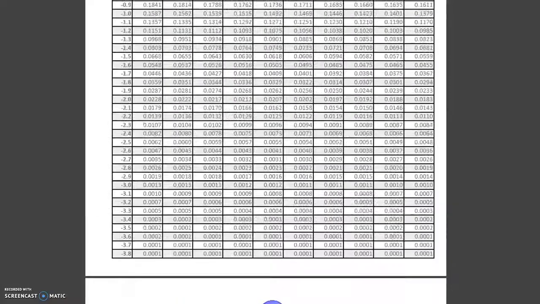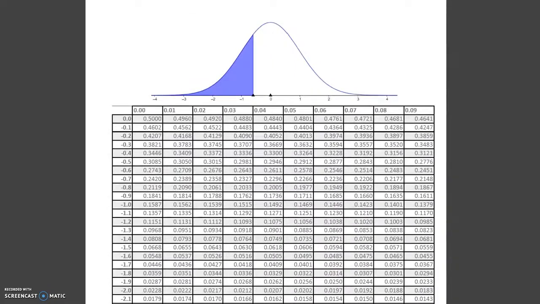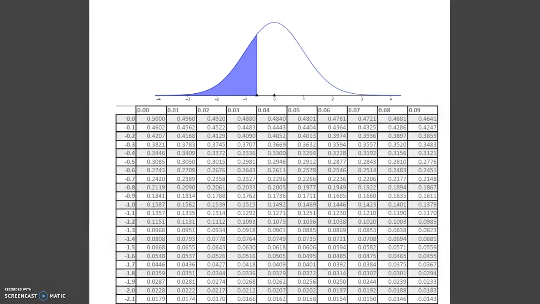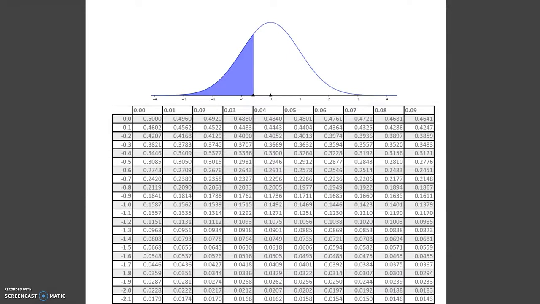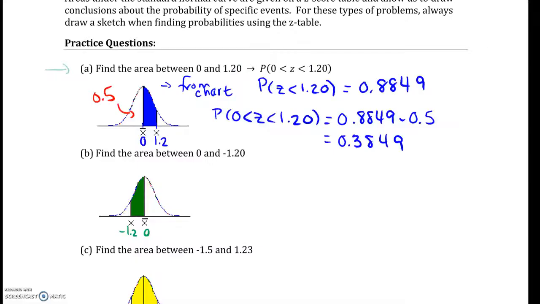Again, if I look at what happens for negative values and the graph that's being shown, I see that it gives me the values from the far left end up into my Z value that I'm looking up. So when I look up a Z value of negative 1.2, I get a value of 0.1151. But that is left of the Z value that I'm looking at.